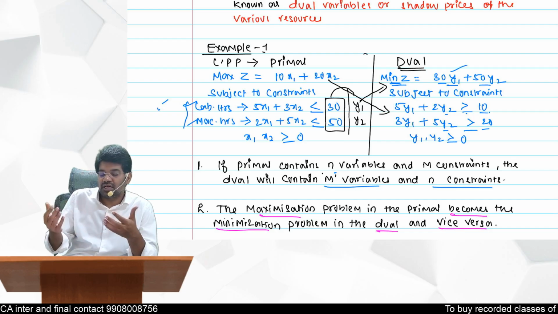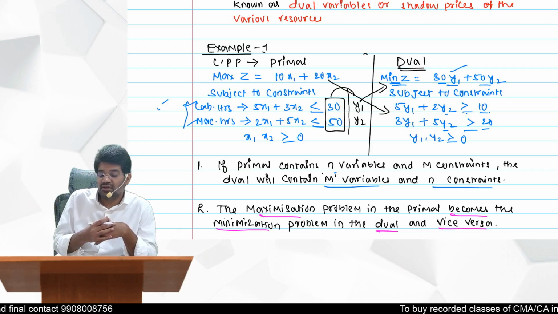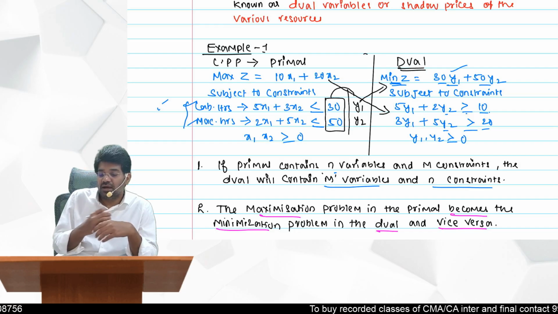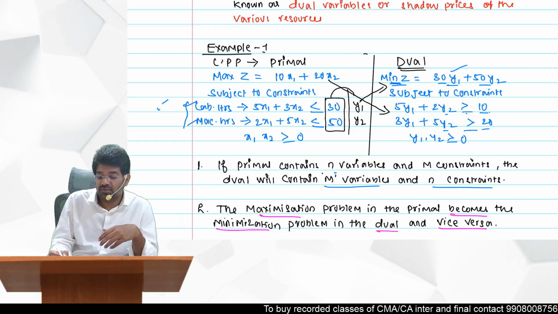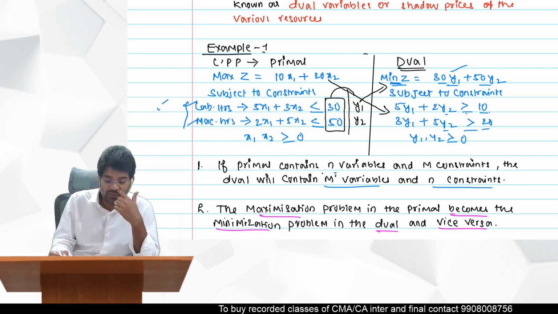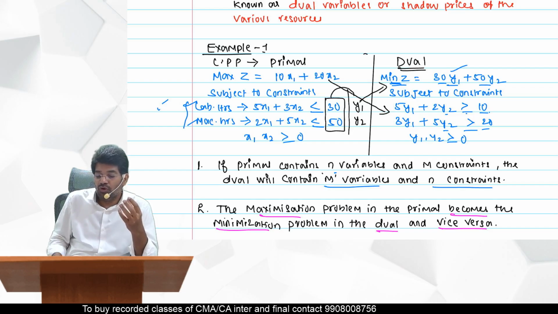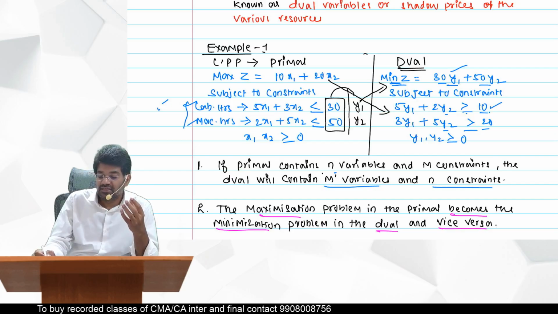And for constraints, the products are becoming constraints now. The constraints we are using here should give you more than 10 or more than 20 profit in both the cases.